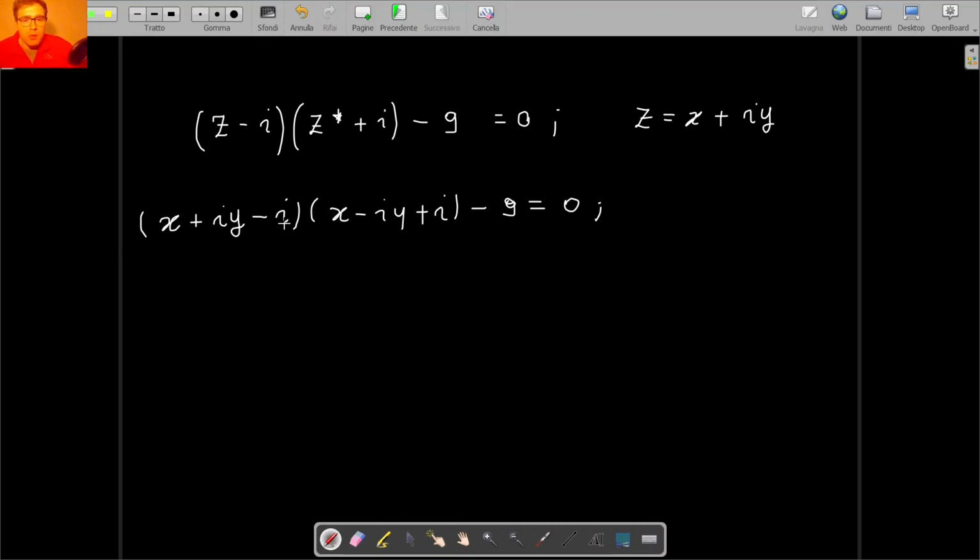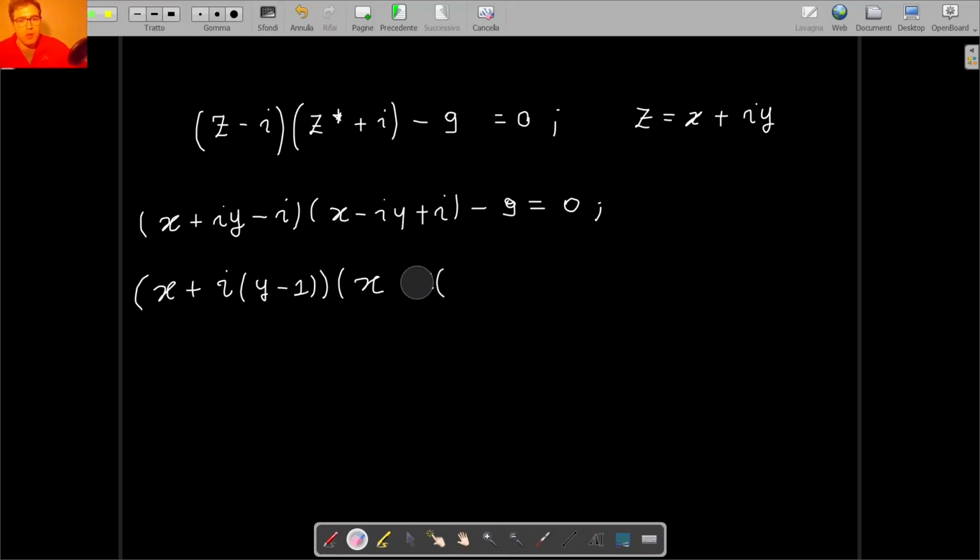Then we can factor the i term: x plus i times (y minus 1), and this whole number also multiplies x plus i, and on the contrary here we can factor out a minus i.